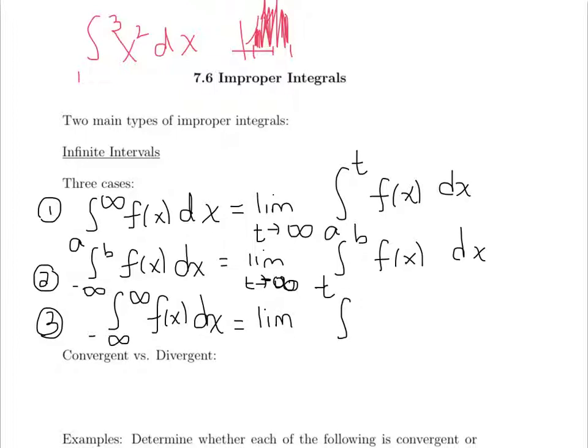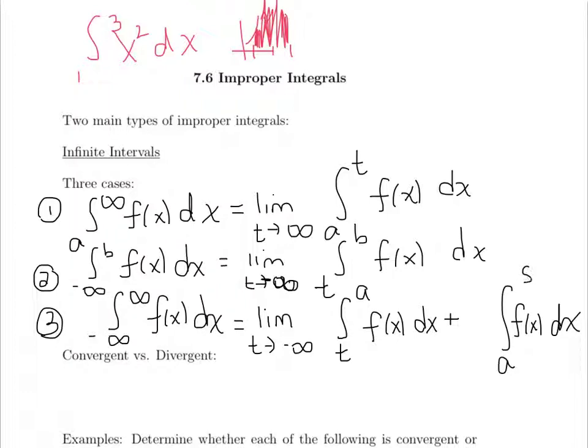We're going to take the limit as t approaches negative infinity of the integral from t to some a of f of x, and remembering our rules of integrals, we'll also then go from a up to some s, and here we'll take the limit as s goes to infinity. And here, a is just any real number that you want.